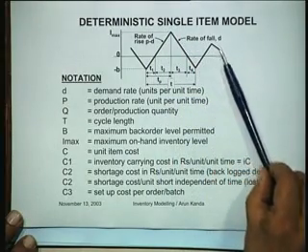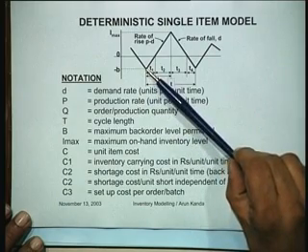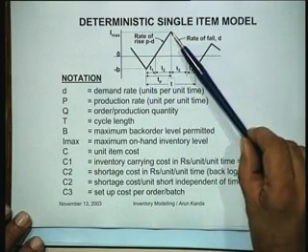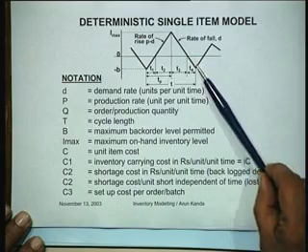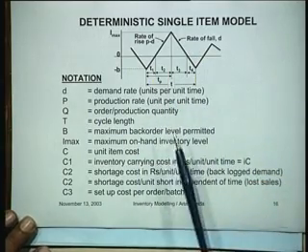Just to give you an idea of how the derivation for the formula is done, we take the most general case where inventory is fluctuating in an arbitrary manner. That means this is a production situation, this is then the consumption part of it, and we will try to evolve a general formula for this.